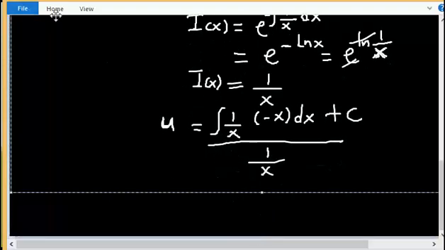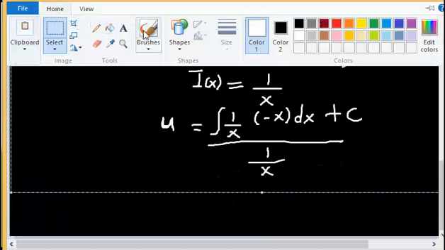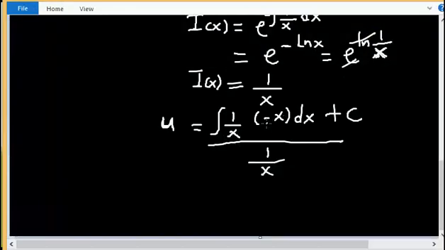Having done this, x divided by x, I'm going to have minus 1. So what I'm actually integrating is the integral of minus 1, and if I integrate minus 1, that's simply going to be minus x, then plus c. Now don't forget this reciprocal. This reciprocal will definitely have to come up to multiply.